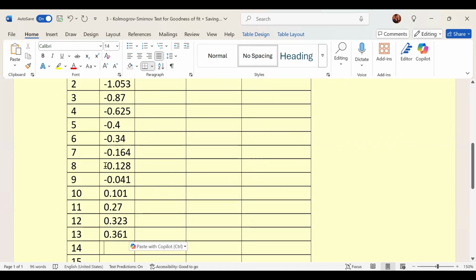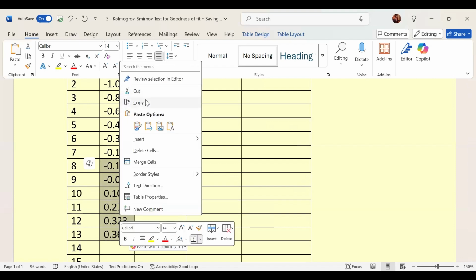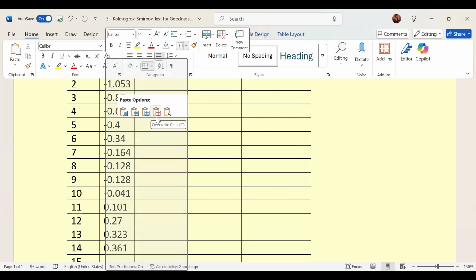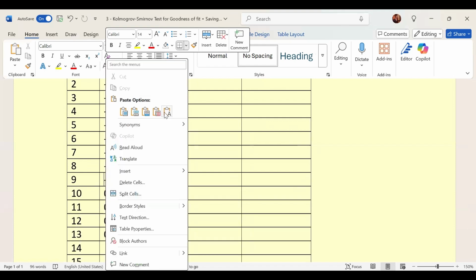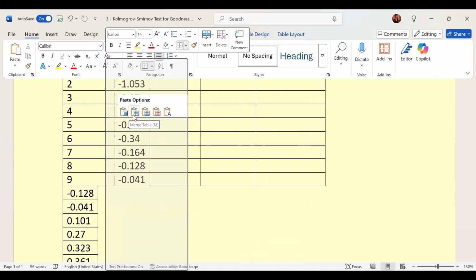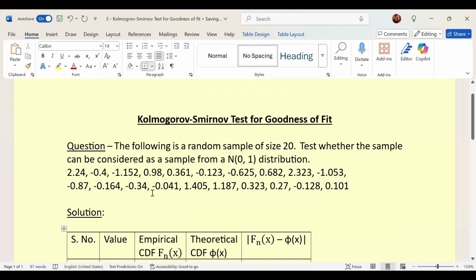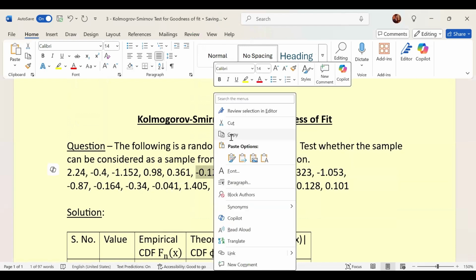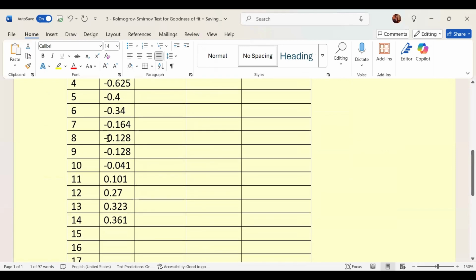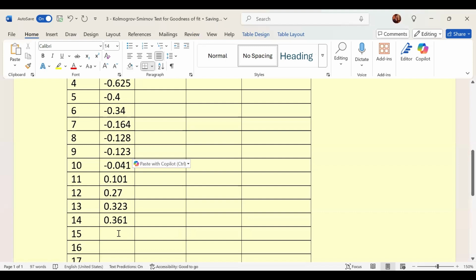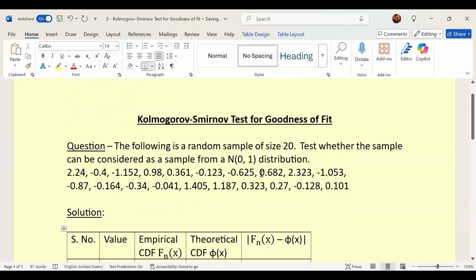I missed one number, so let me shift this. This one I missed: 0.123. Then 0.682.